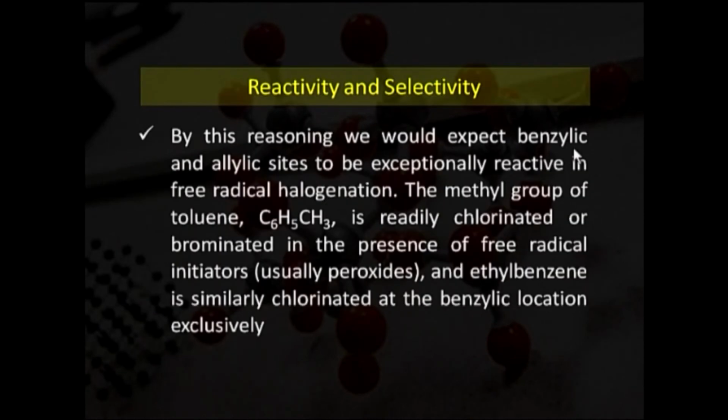By this reasoning, we would expect benzylic and allylic sites to be exceptionally reactive in free radical halogenation. The methyl group of toluene is readily chlorinated or brominated in the presence of free radical initiators, usually peroxides, and ethylbenzene is similarly chlorinated at the benzylic location exclusively.